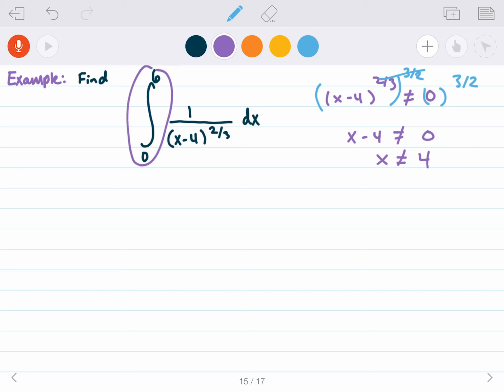So we gotta break up this integral into two parts that involve 4. So starting at the bottom, we're going from 0, then we stop at 4. Integrate this guy. All right, and then we're going to add on 4 to 6.